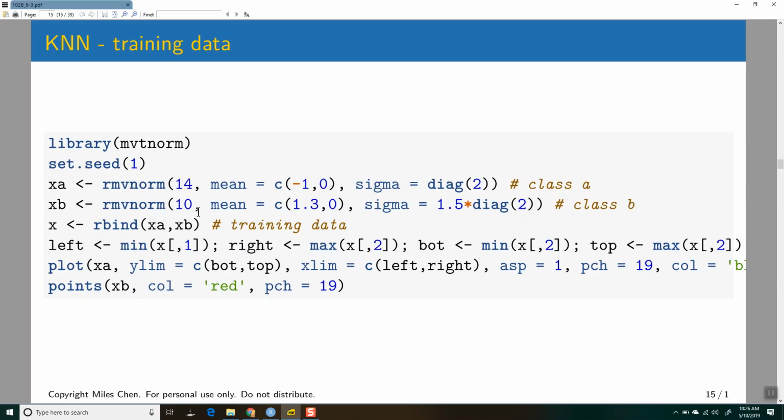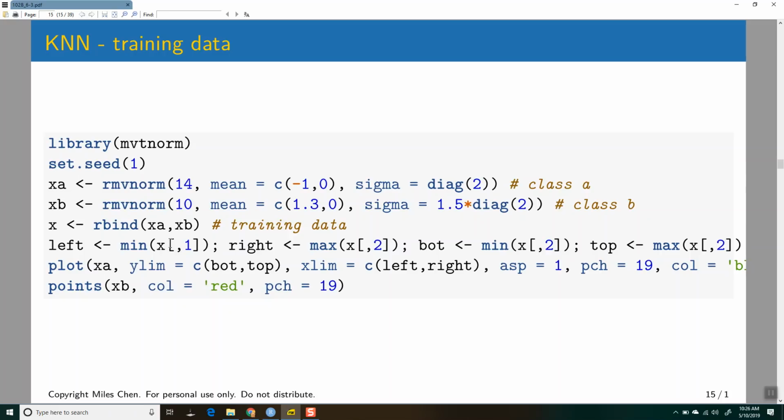And then I've got XB, centered here, 10 observations. It also has a diagonal matrix, but slightly more variance, okay? And I'll bind these together to create my training data X.